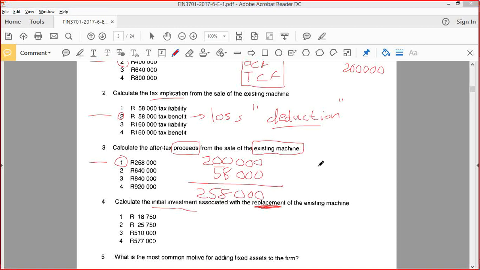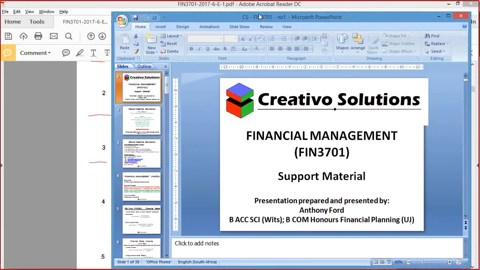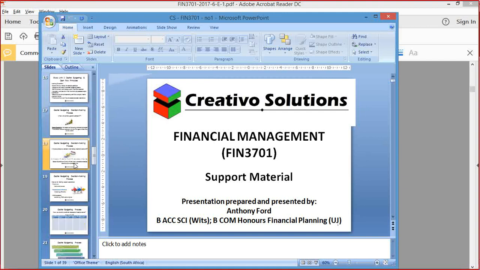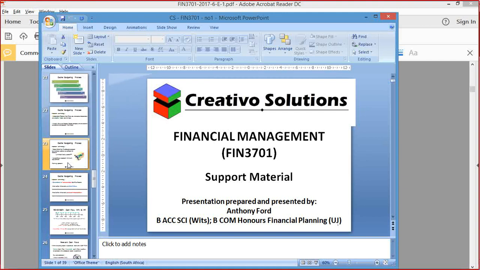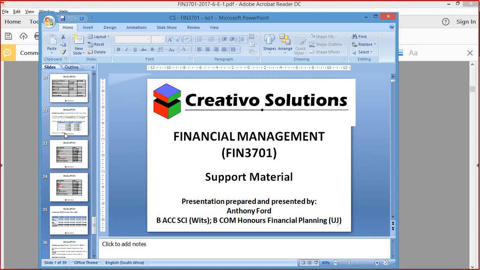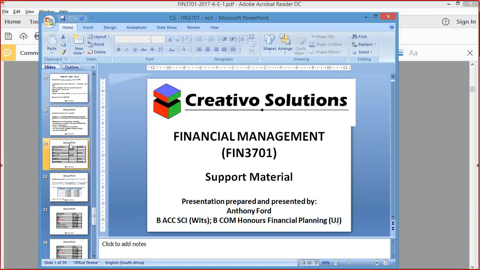Okay, so I'm going to go quickly to my PowerPoint, and I just want to show you where I'm getting this from. This is the first set. Is this set 1? Okay, so let me show you where I'm getting these formulas from. If you look at the first set of notes, the first chapter in the textbook covers relevant cash flows, and they do a calculation looking at TCF, OCF, and all of that.